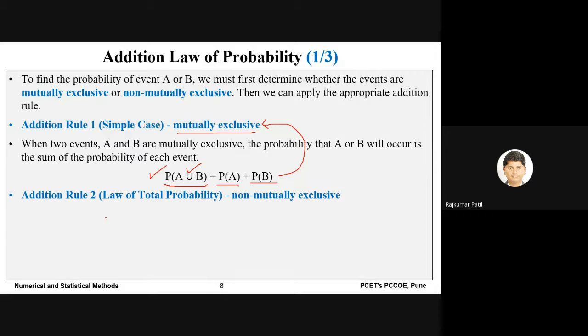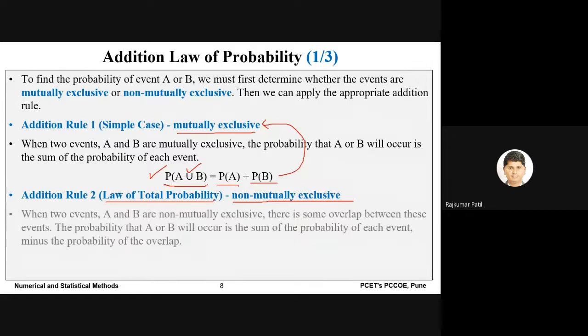Now, when there is overlapping between the two events, this is the non-mutually exclusive case, and it is also called the law of total probability. When we consider two events A and B that are non-mutually exclusive, it means both have some common overlapping surface or area.